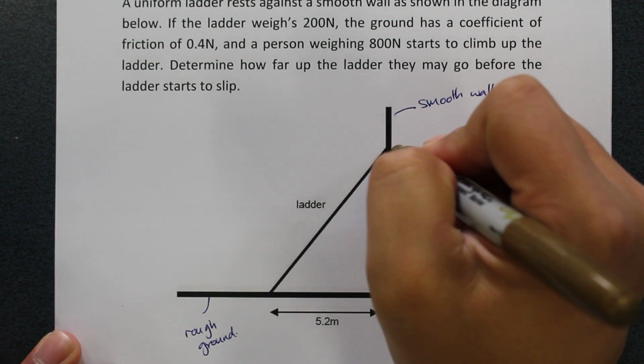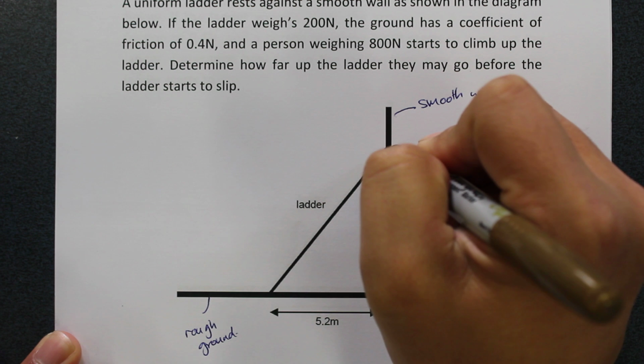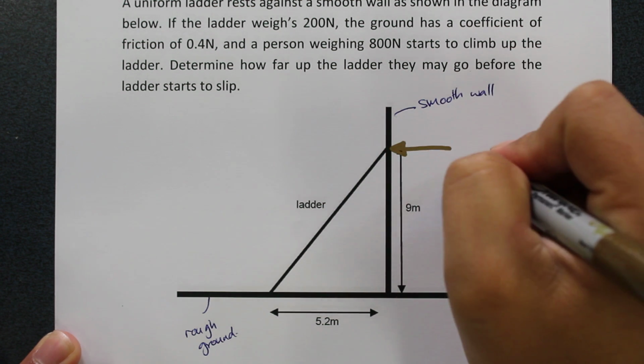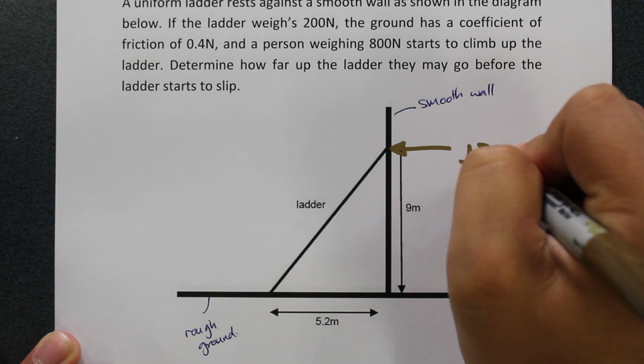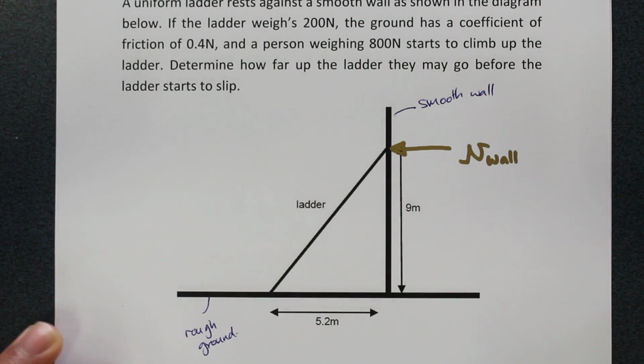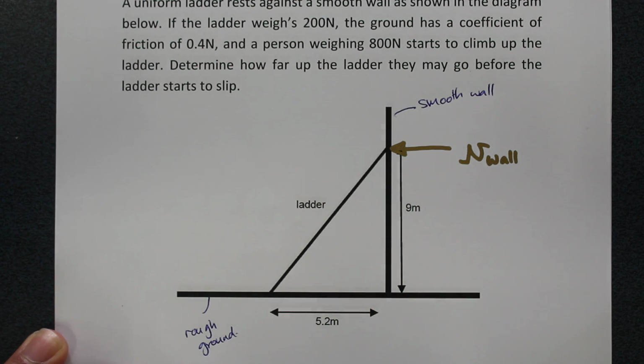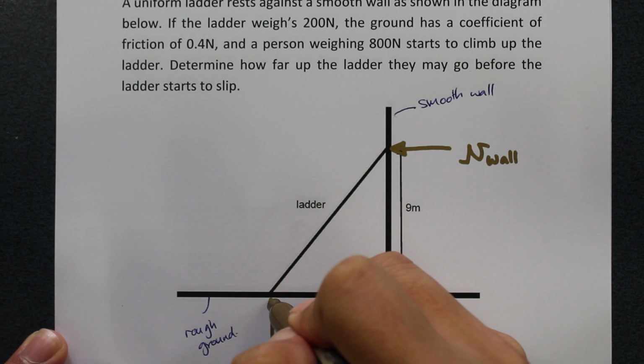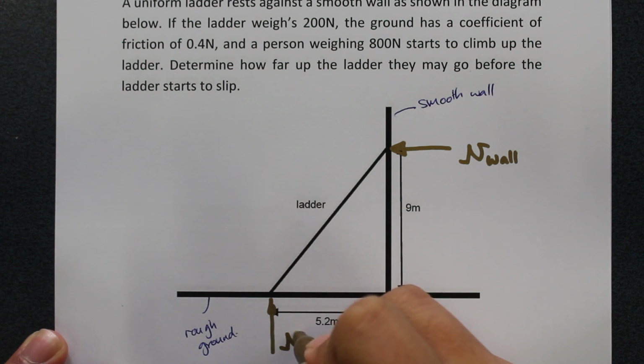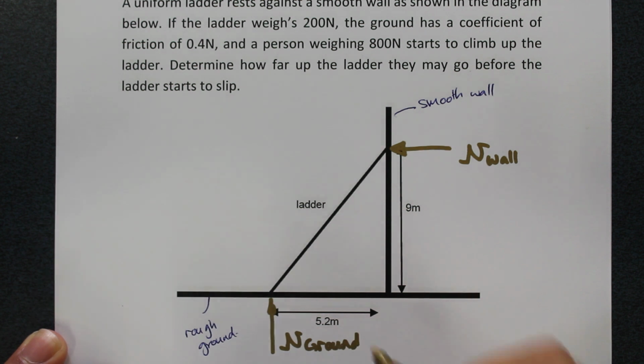On the smooth wall there will be a normal force due to the wall, so N wall. We'll have a normal force due to the ground.